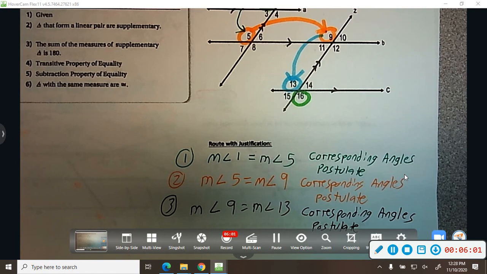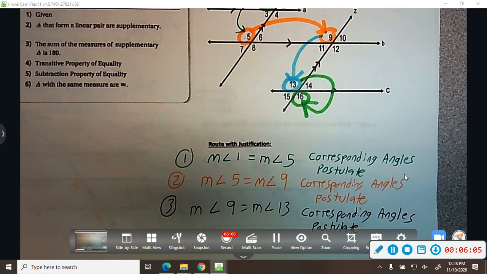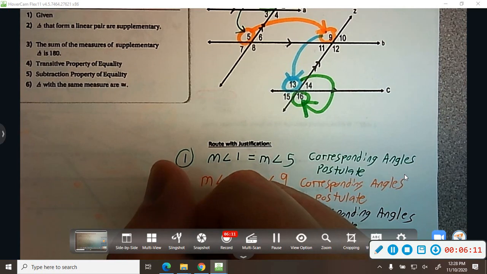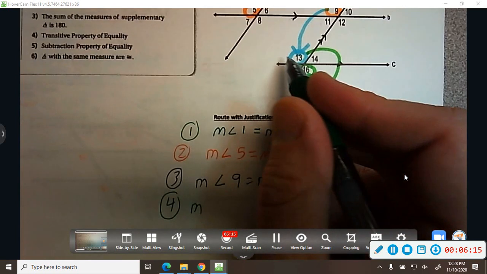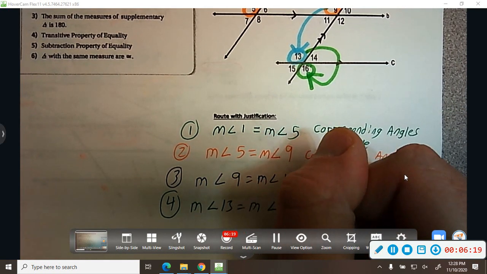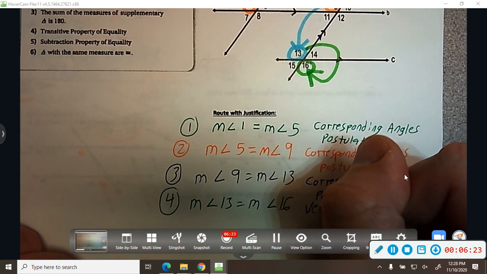And then finally, I'll go 13 to 16. 13 equals 16 because they're vertical angles. And I call that the vertical angles theorem.